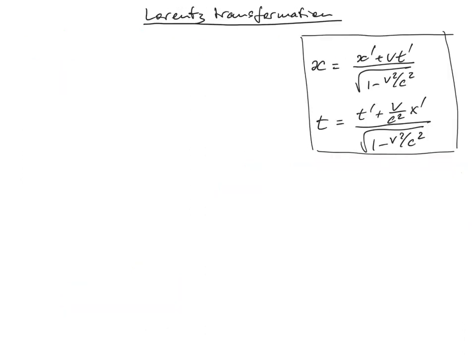Now let's consider some examples. So the first example, let's take a ruler at rest in one of the reference frames. So let's say it's a ruler at rest in k, and the ruler is aligned with the x-axis.